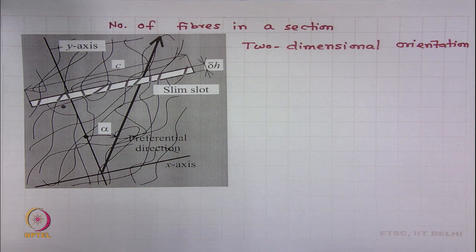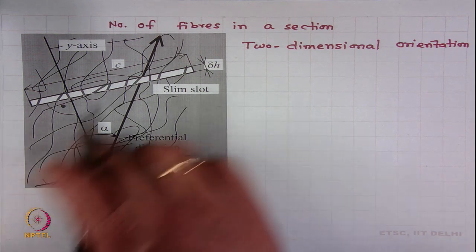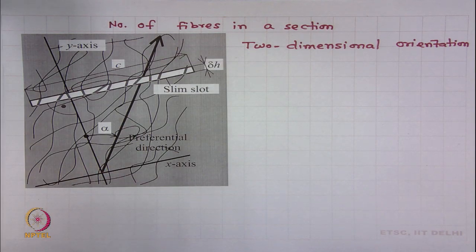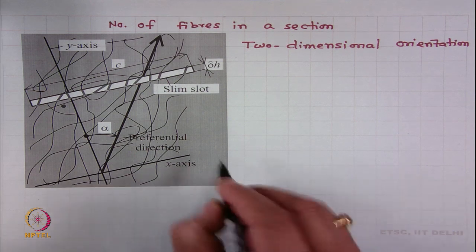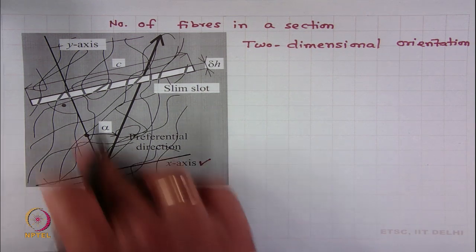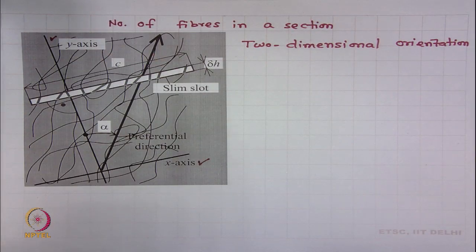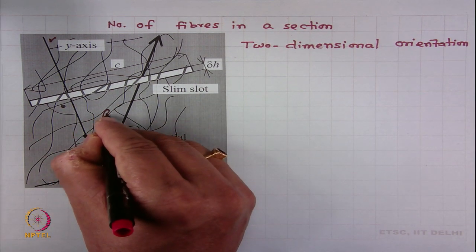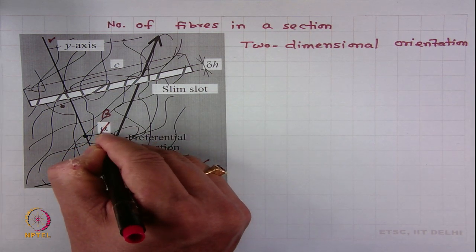Now, let me explain you this image. You see a lot of fibers or fiber segments are present in here, and you are seeing that this is an x axis and this is y axis, and preferential direction is not y axis, but it is some angle. Here it is alpha, in the last class we considered it as beta. So, let us consider it as beta.